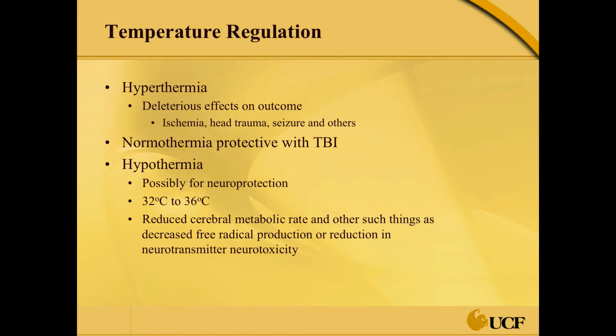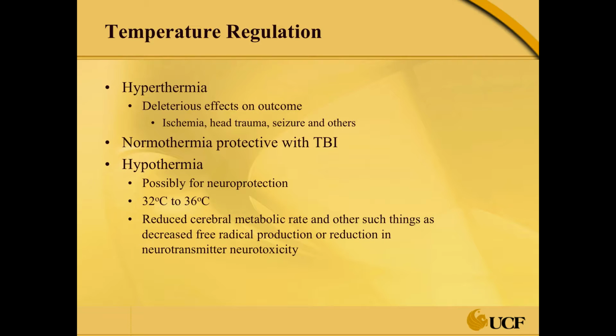You get decreased free radical production. So when you decrease free radical production, you reduce the cellular death, right? Because radicals obviously end up causing cellular lysis, and reduction in neurotransmitter neurotoxicity as well. So hypothermia can have a very beneficial effect.